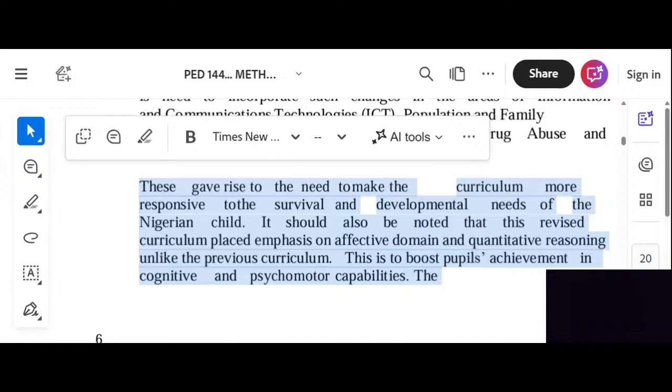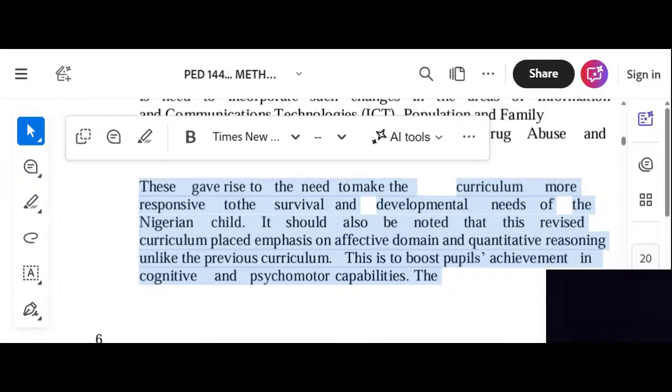This new curriculum now dares to teach or develop a positive attitude in the children towards mathematics. Also, it helps them to be confident in solving problems. They'll become honest and accurate in calculations and also appreciate the use of mathematics in everyday life. That is what we mean by affective domain.